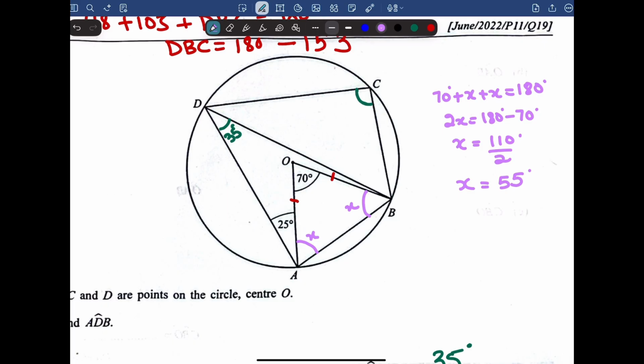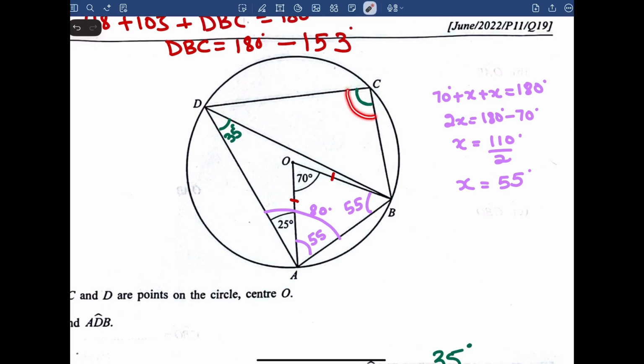Okay, so we know that this is 55, which means this angle collectively is 80 degrees. Okay, so let's utilize the cyclic quadrilateral property now. So basically angle C and angle A should add up to 180.